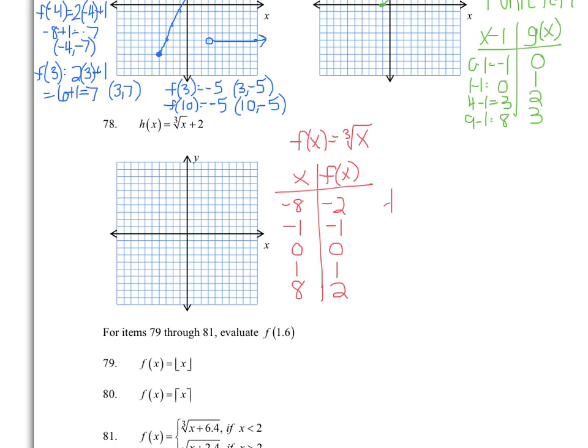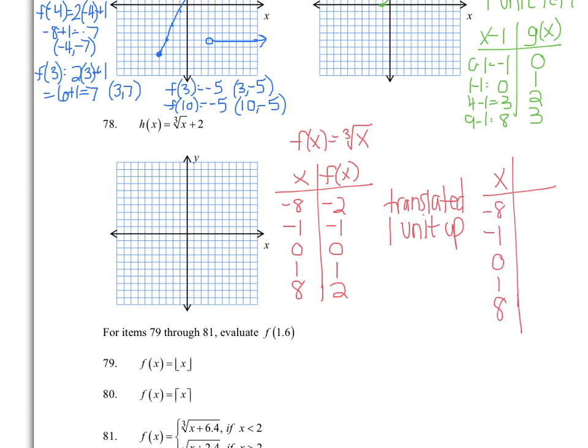However, my graph is being translated two units up. So my x's are not changing, but my y's are. So my x's are going to stay the same at -8, -1, 0, 1, and 8. But my h of x is going to be equal to my f of x plus 2.